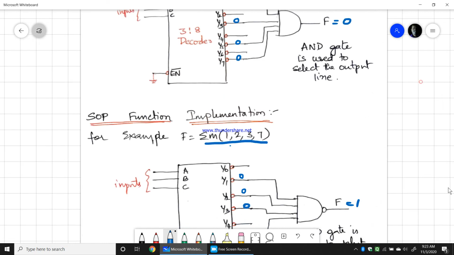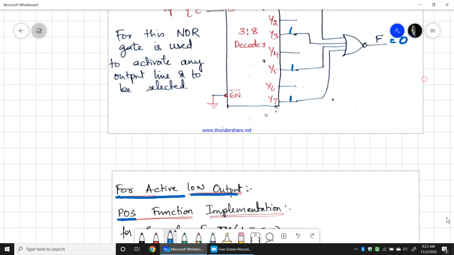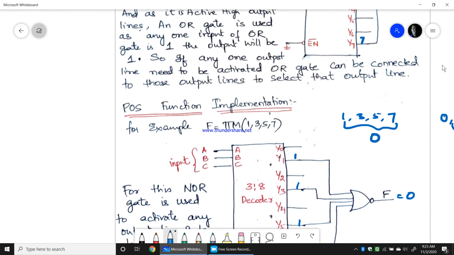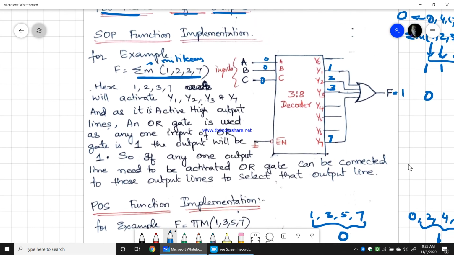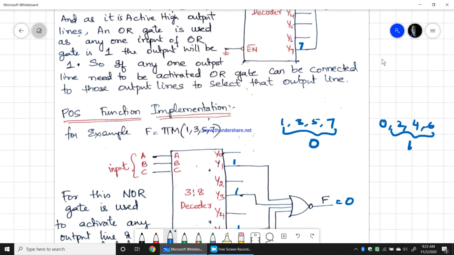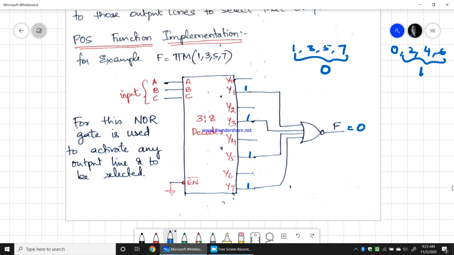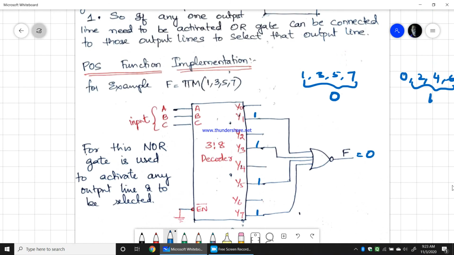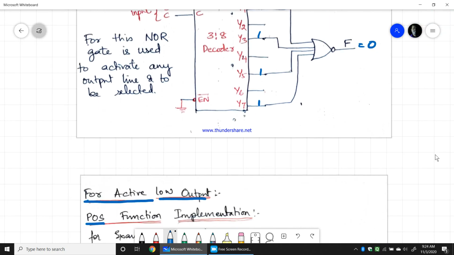Therefore, if I have active high output lines, SOP function implementation is done by using an OR gate as an extension gate, and POS function implementation is done by using a NOR gate as an extension gate.